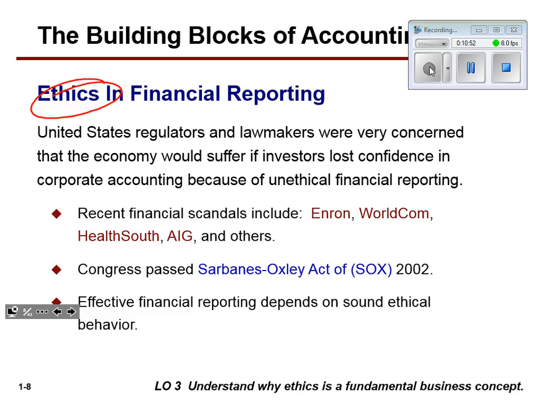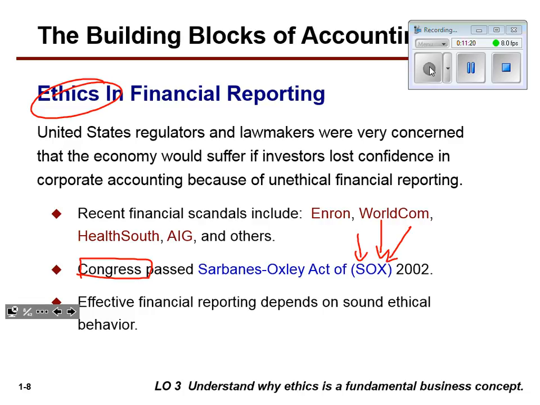So much so that Congress, Uncle Sam, said back in 2002, we want to put into legislation a law that forces businesses to ethically approach the reporting of their money. It's called the Sarbanes-Oxley Act. I might be botching that. I want you to just remember SOX.